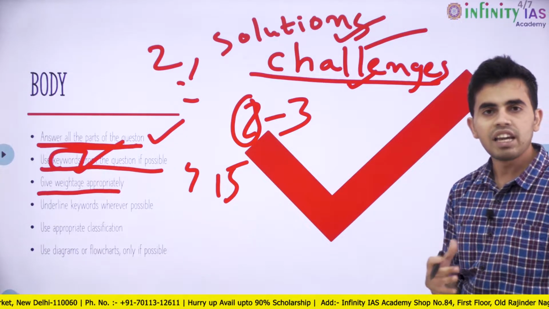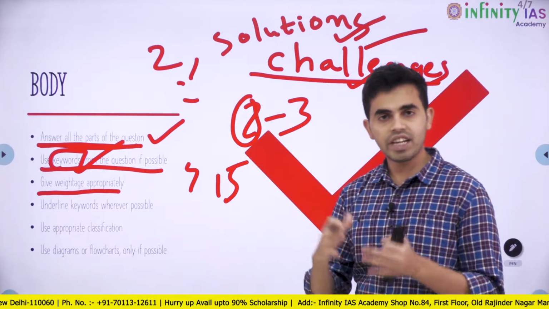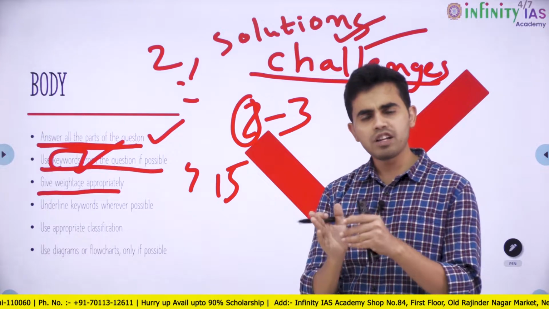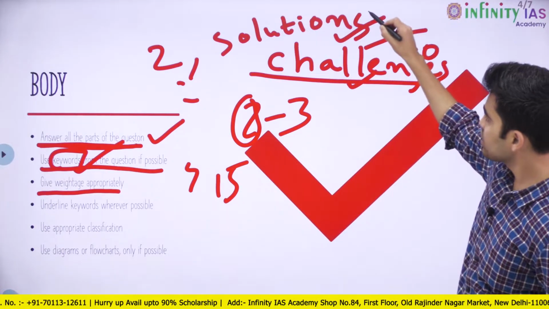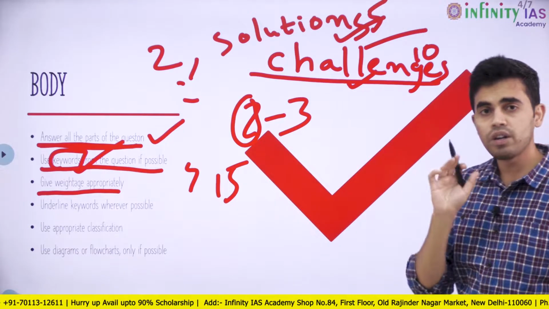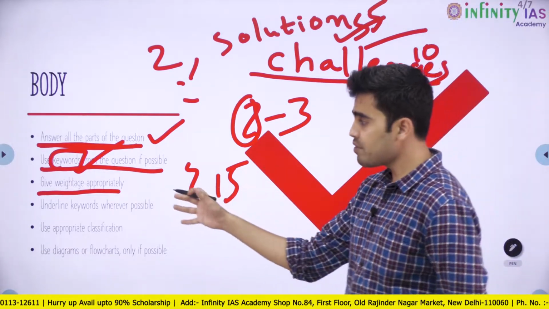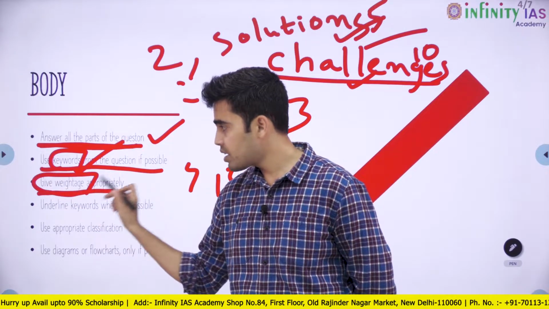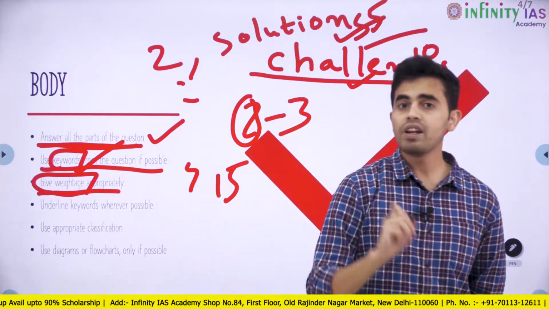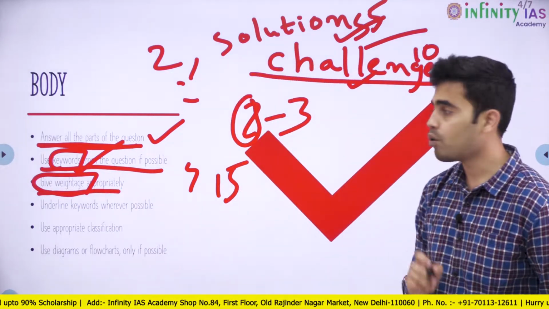Or sometimes, if you feel that the challenges are more in number and solutions are very less, that means this might carry 10 marks weightage and this might carry only 5 marks weightage. So when we are writing, we should give appropriate weightage to the parts of the question. That will help us in maximizing the score.